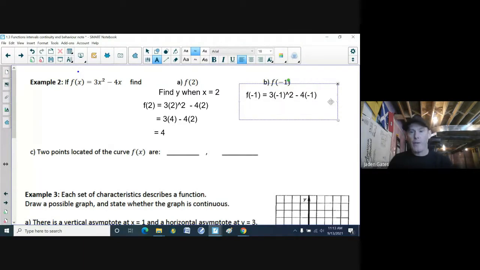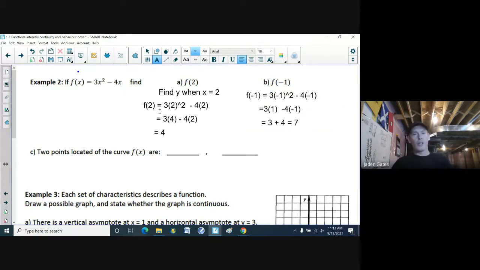Again, I have to follow BEDMAS. I do the exponents first here. Negative 1 squared means negative 1 times negative 1, which is 1. Minus 4 times negative 1. Then I'm going to multiply. 3 times 1 is 3. But then I have negative 4 times negative 1. A negative times a negative gives me a positive. We get 7.